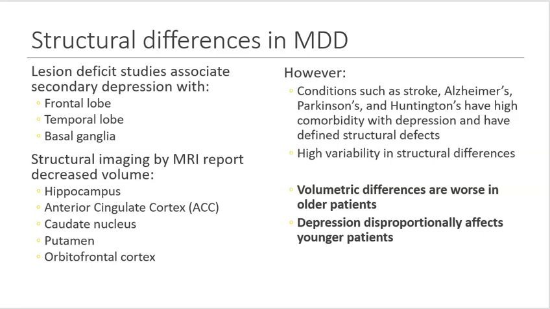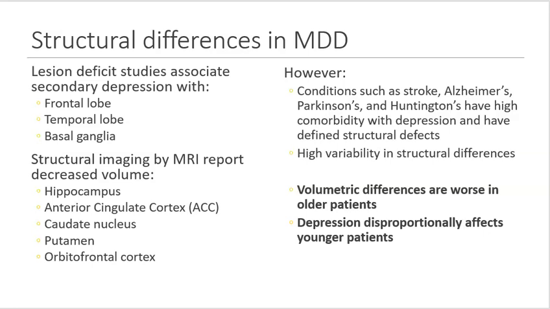So it's really hard to figure out: is that decrease due to Alzheimer's or MDD, or did that decrease in a particular area lead to MDD? So there's a high variability in structural differences across all these different things going on. We do see that the volumetric differences are a lot worse in older patients.